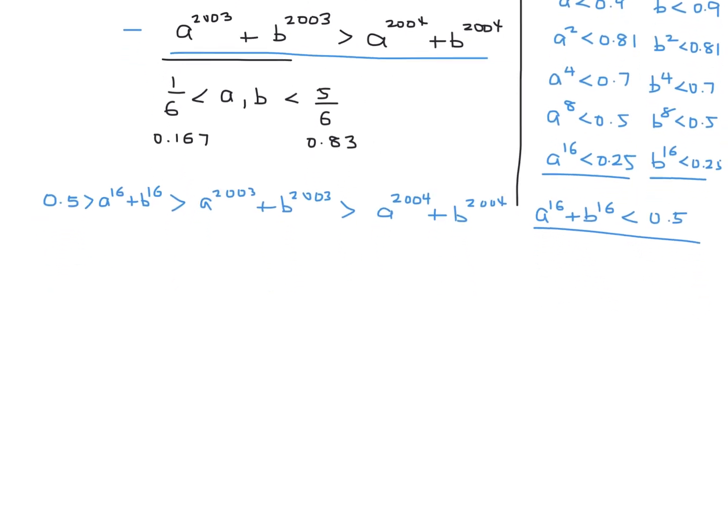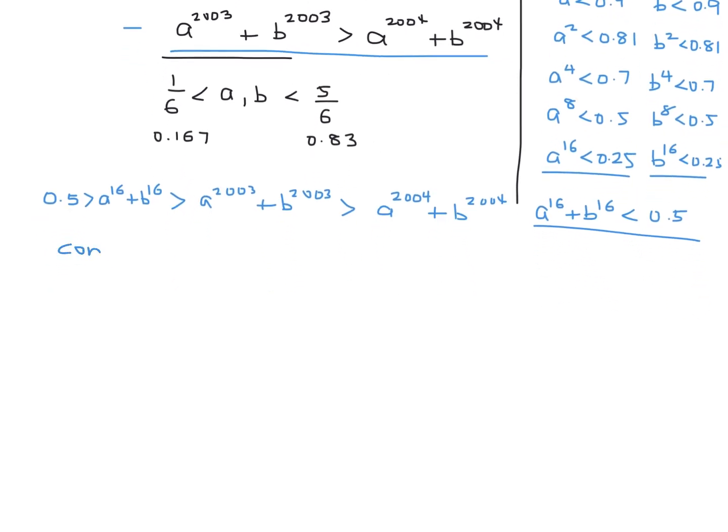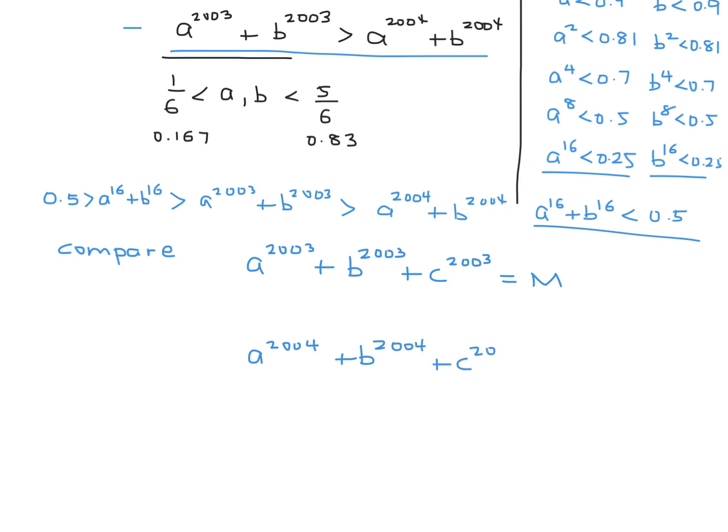Now we have to do a comparison. So compare at this point two possible integers. If you have a to the power of 2003 plus b to the power of 2003 plus c to the power of 2003, we have proven that any number of this form is going to be an integer. So I'll just call it m. And then similarly, if I have a to the power of 2004 plus b to the power of 2004 plus c to the power of 2004, that's also going to be an integer, and we'll call that n.